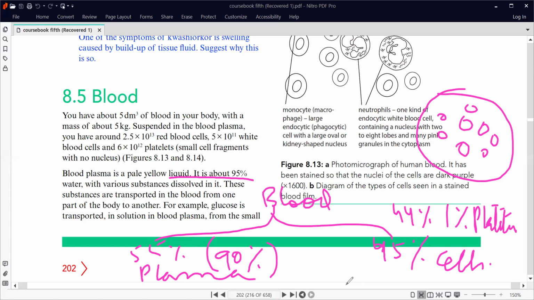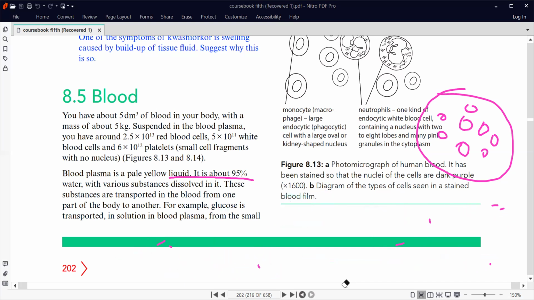Along with the water, it contains different substances dissolved in it, for example glucose in solution, different hormones, antibodies, and many other things. Minerals and hydrogen carbonate ions are floating inside it.